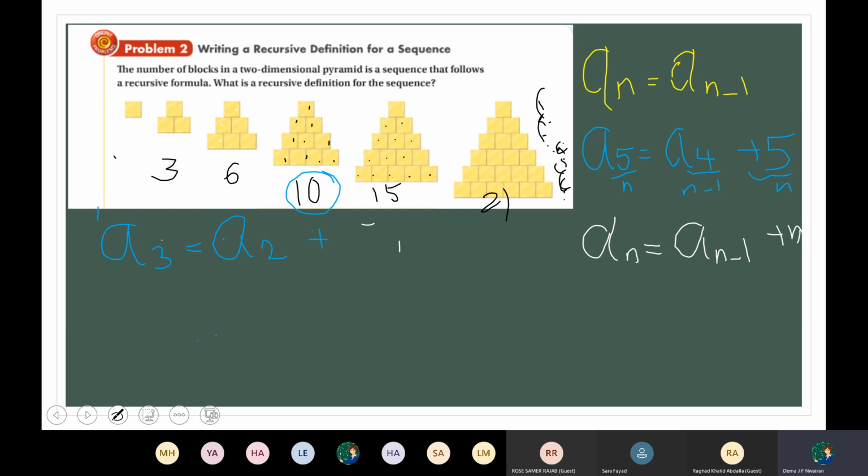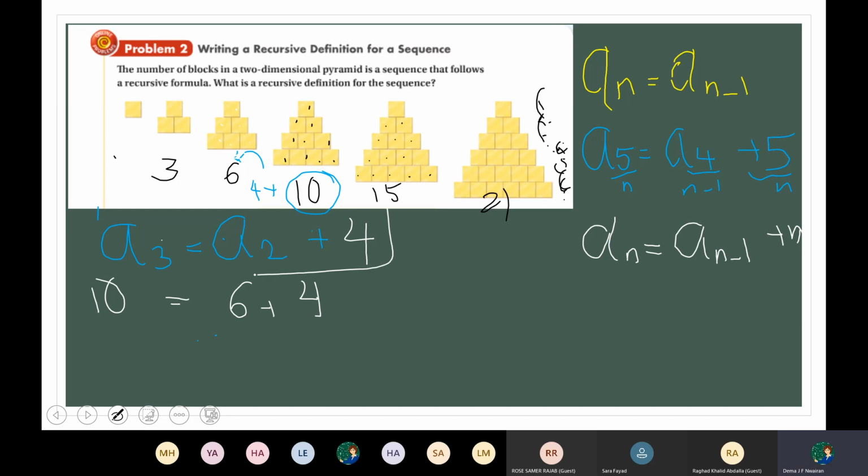Let's see. a3 is 10 plus 4, I will get 6. Teacher, how does 10 plus 4 become 6? Here, I say the second term, which is 6. If I add it to 4, I will get 10. This is the third term, as you see in the pyramid here.